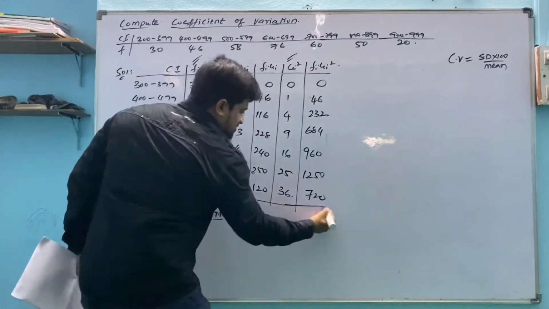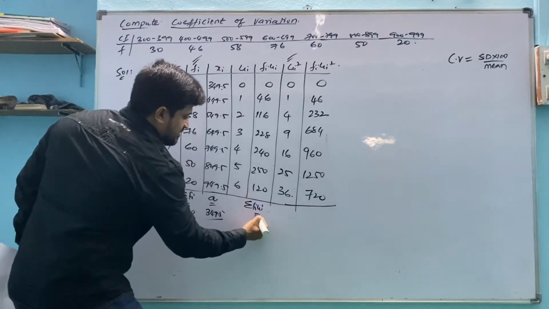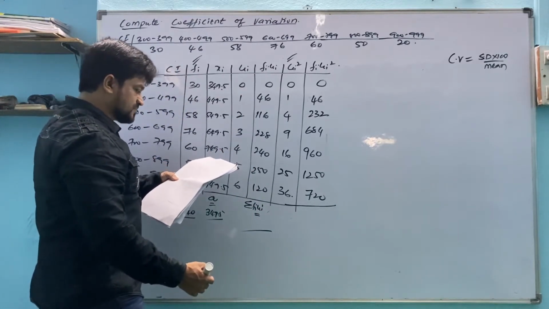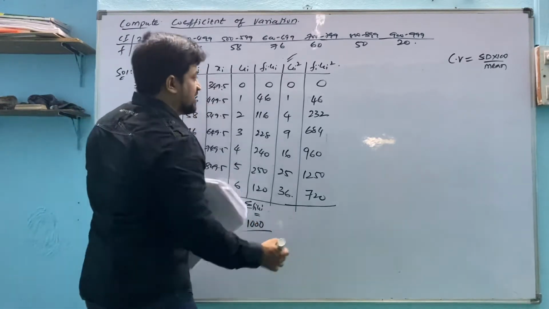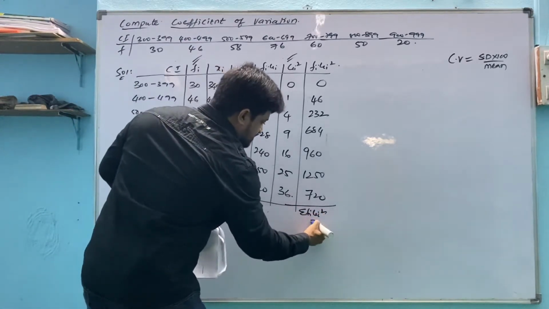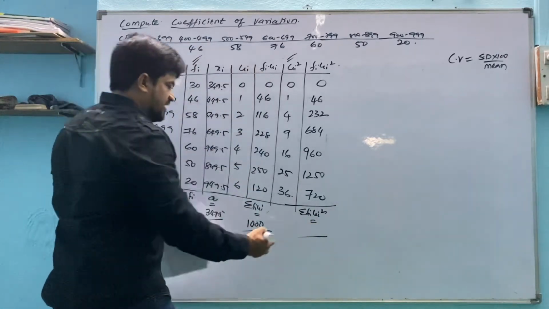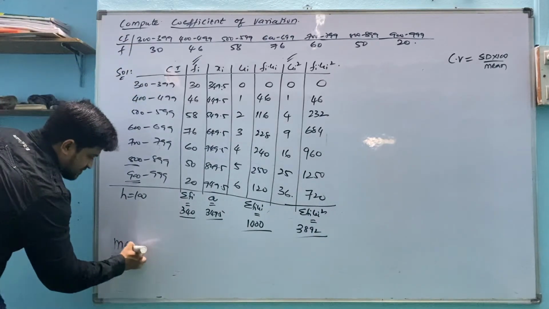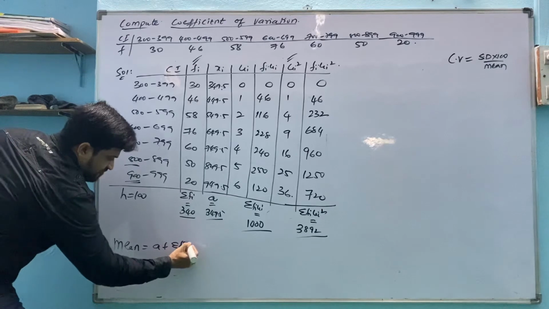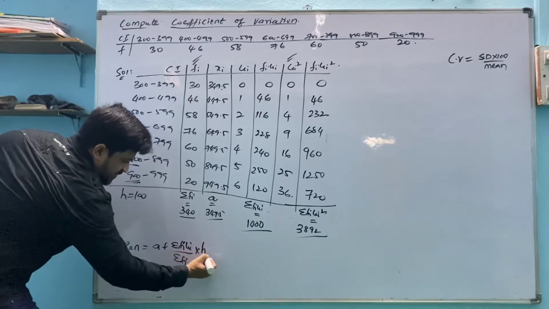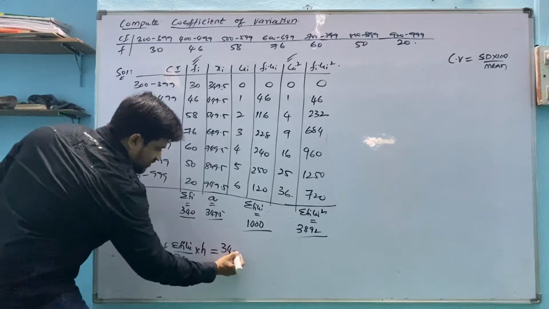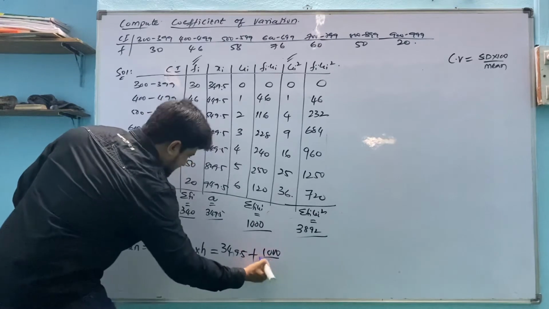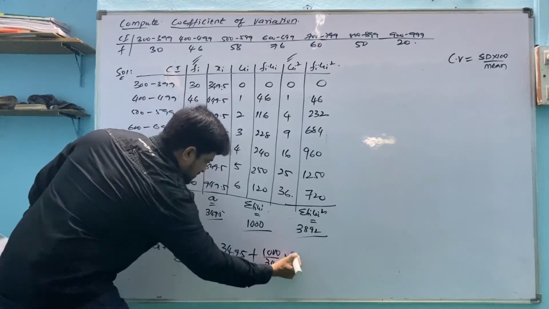Now we have to find the summation. Sigma Fi Ui is the total of Fi Ui, 1000. Then summation Fi Ui square, 3890. We can find the mean first. Mean is equal to A plus sigma Fi Ui by sigma Fi into H. A value we have, 349.5, plus sigma Fi Ui by sigma Fi into H value 100.